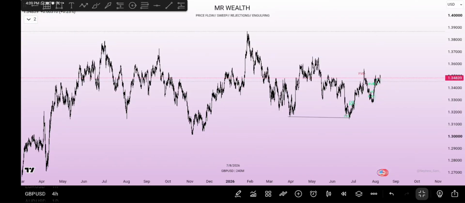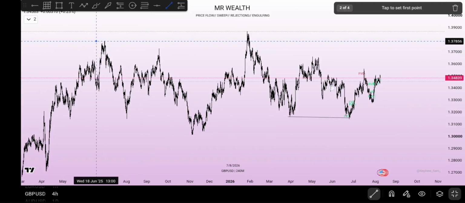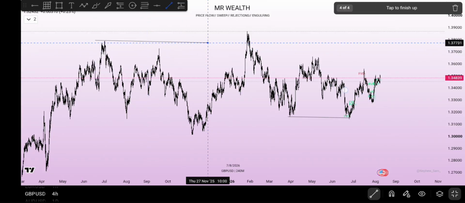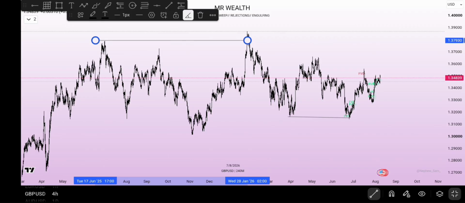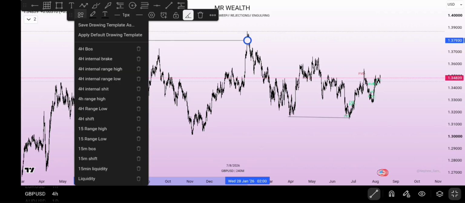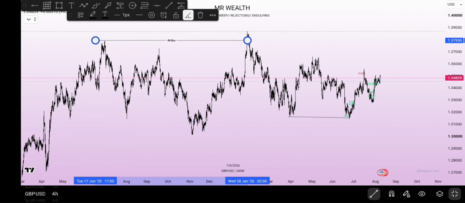So guys, this is GBP USD with the 4 hour time frame. You can see that GBP USD is bullish from this break of structure up there, BOS in short form.